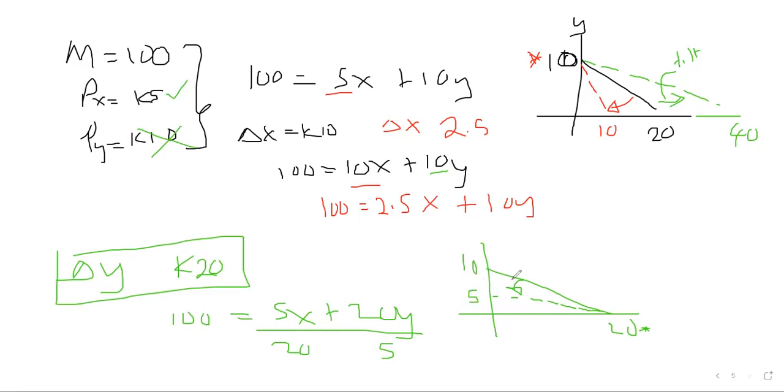This simply means consumption of good y is reducing by half, from 10 to 5. This is what happens when prices are increasing. It's the same with good y and good x. If the price reduced from 10 kwacha to 5 kwacha, obviously we expect a tilt outwards. So this is consumer behavior.